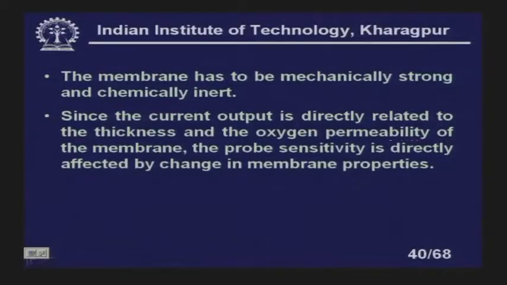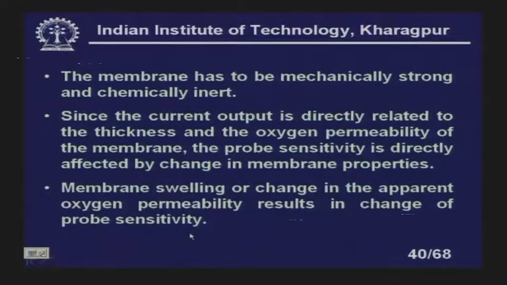Since the current output is directly related to the thickness and the oxygen permeability of the membrane, the probe sensitivity is directly affected by a change in the membrane properties. Membrane swelling or a change in the apparent oxygen permeability results in a change of probe sensitivity. Sometimes the membrane swells if it lies for a long time in a liquid, and that will change the apparent oxygen permeability.